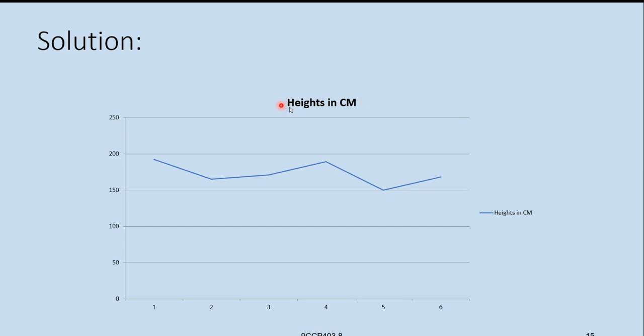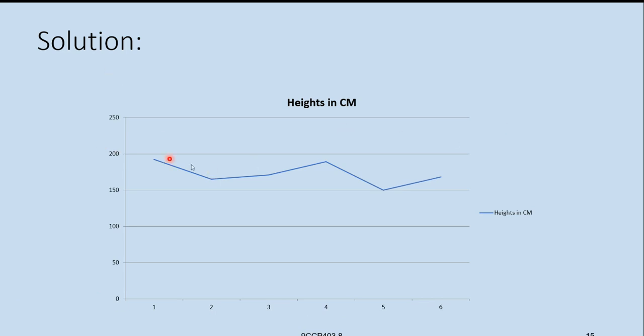This is title. We have seen rules. Now we will review the rules. This is title. This is index, heights in centimeters, which is shown as line. This is x-axis, and this is y-axis.